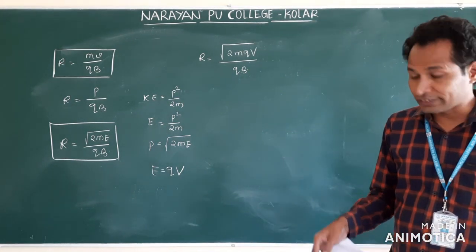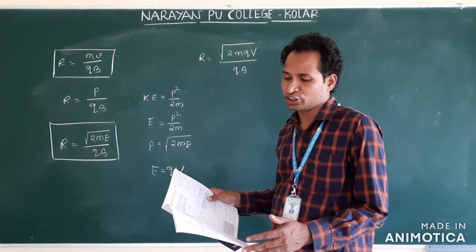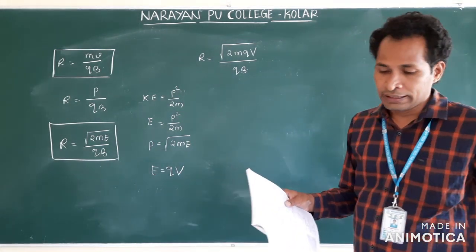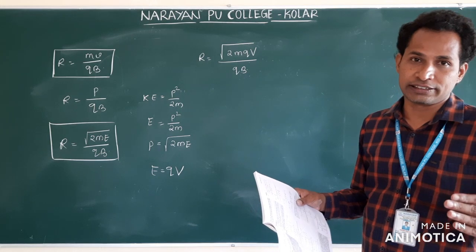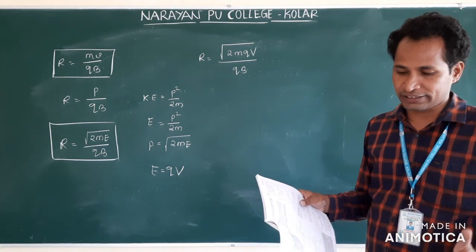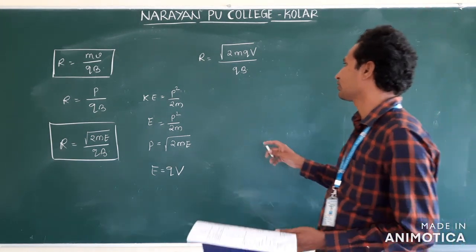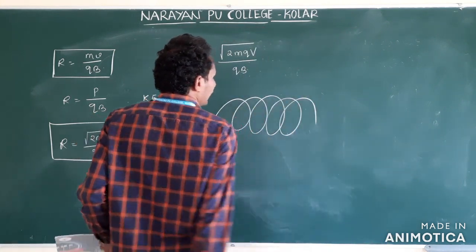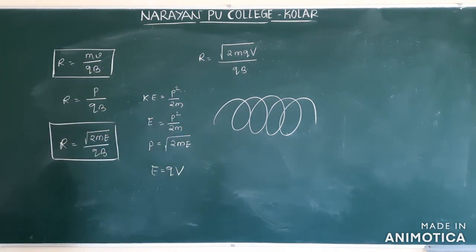When a charged particle enters the uniform magnetic field perpendicularly, this formula is valid. If the charged particle enters at an angle other than 90, then it will follow a helical path. I explained this. Understand?